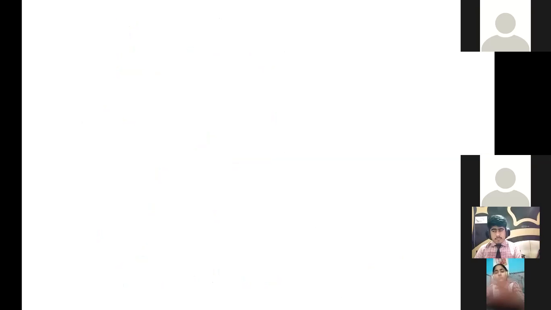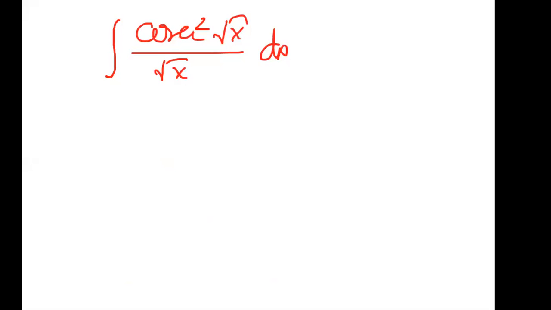One more question I'm taking. This will be more simple, more easy, and you will be able to do it a little better. It is integral of cosec square root x upon root x dx.